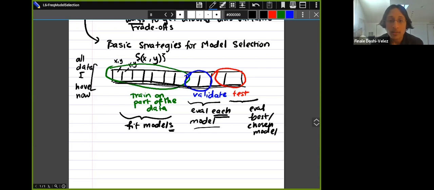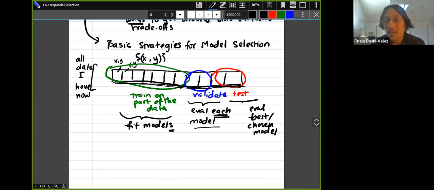Maybe this validation set just happened to be a great validation set for that particular model. So now that we've chosen it, we want to get its numerical performance on a fresh piece of data that the model hasn't seen before, that it hasn't had the advantage of winning on already.